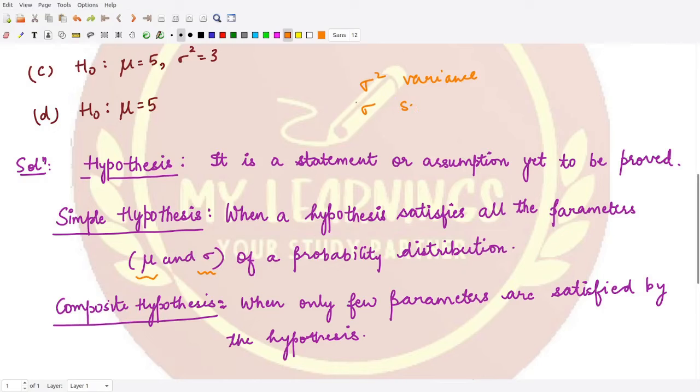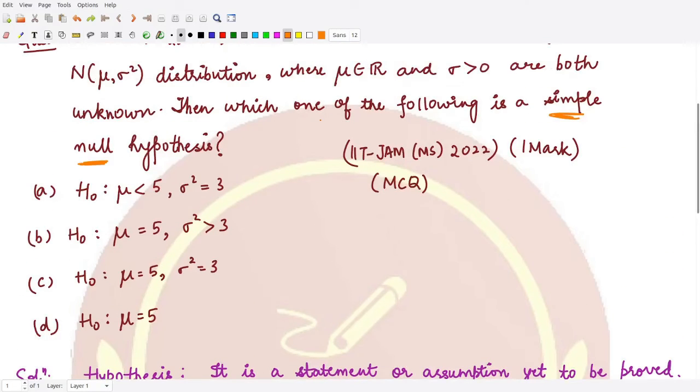So in this simple hypothesis, whenever all the parameters are defined, we call that simple. Otherwise, that is a composite hypothesis. So in our case, we wanted to say that we have a simple hypothesis. That means mu as well as sigma, both of them are defined here, right?